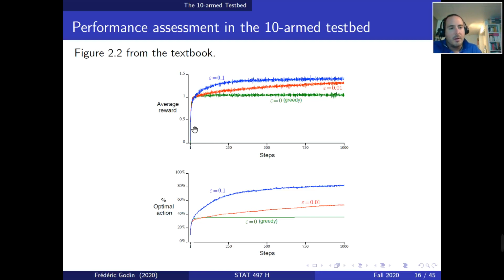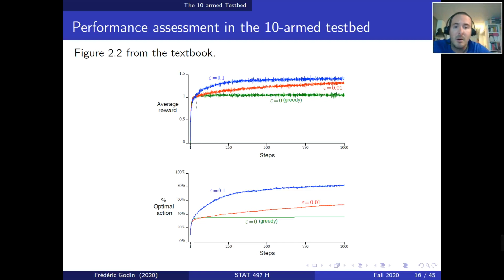Conversely, if you explore, which is what's done by the blue and red epsilon-greedy approaches, then in the long run they provide higher expected rewards, because forcing the strategies to explore prevents them from missing the optimal action. In the short run, they might sample more often from bad actions, but eventually they'll discover the optimal action and start sampling from it more often.